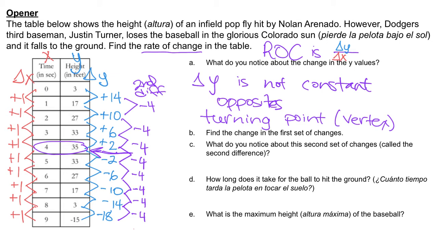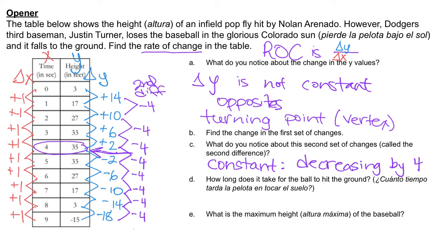So our second difference is constant. The change of our changes is constant. So we're going to write right here that this is constant. And it is decreasing, our change of change, or second set of changes, is decreasing by 4.